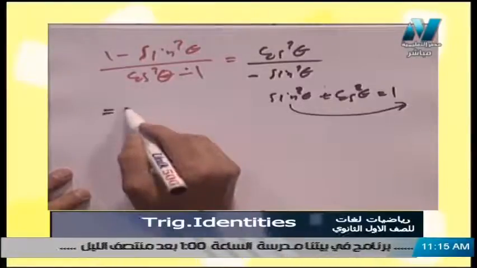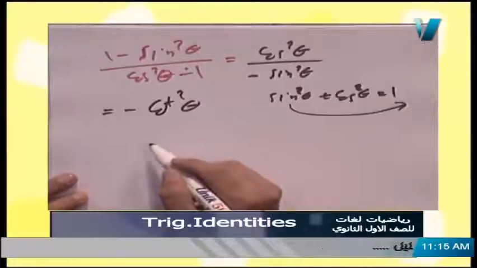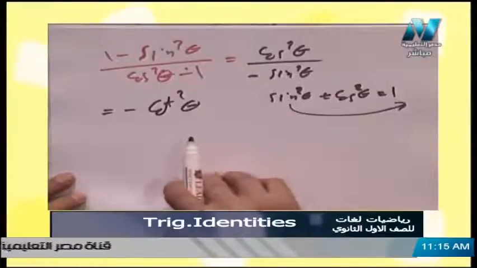So the final answer will be negative cotan power 2 theta, and then we simplified it well.